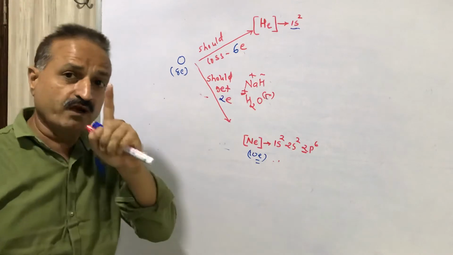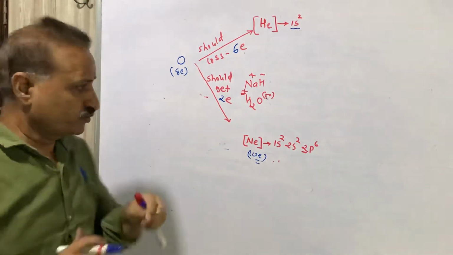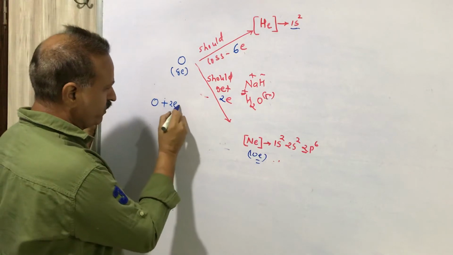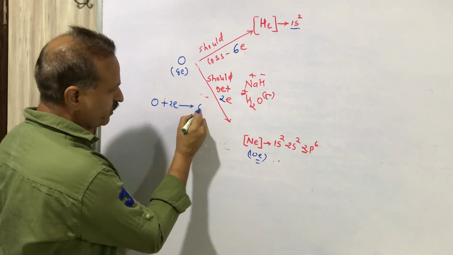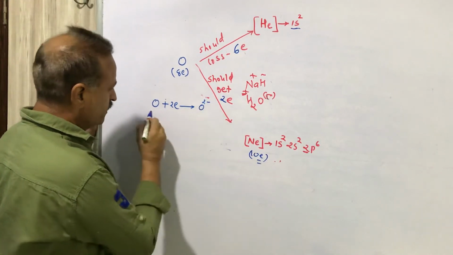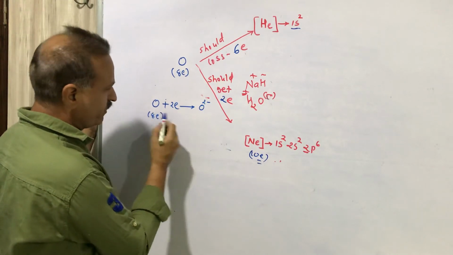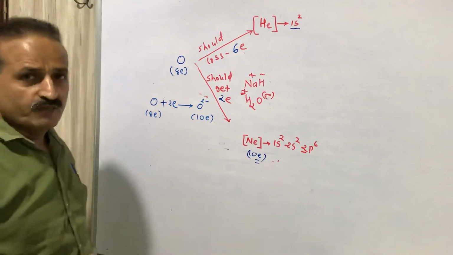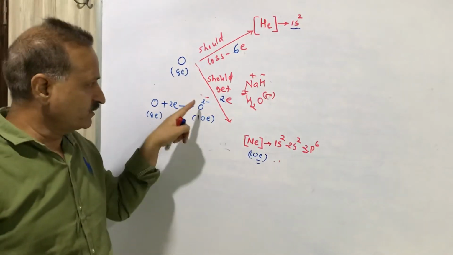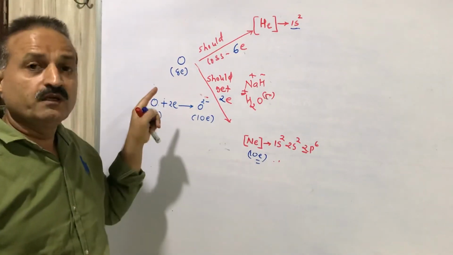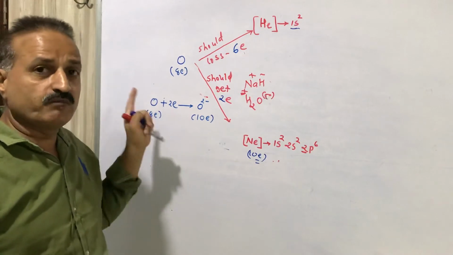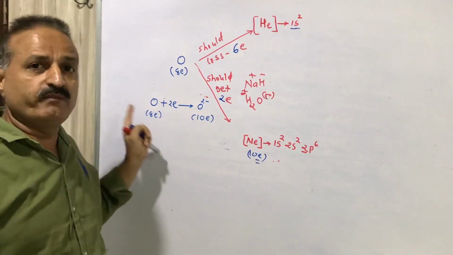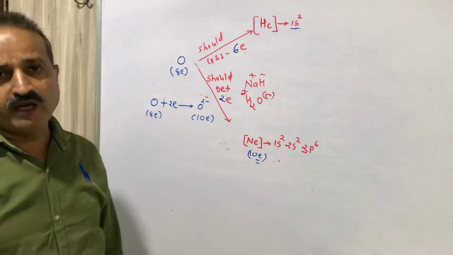So oxygen will get 2 electrons, then oxygen will convert into O2 minus. This oxygen has 8 electrons and this oxygen has 10 electrons. Oxygen 2 minus means 2 electrons more than the element, so oxygen 2 minus has 10 electrons, and neutral oxygen has only 8 electrons.